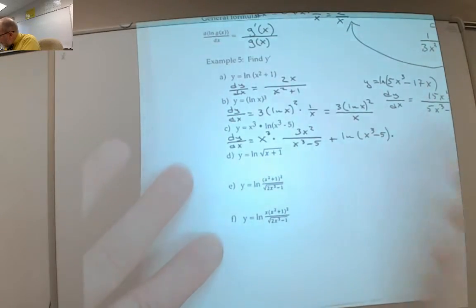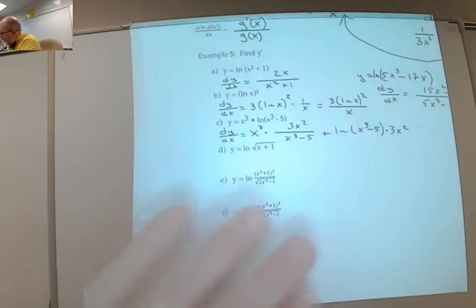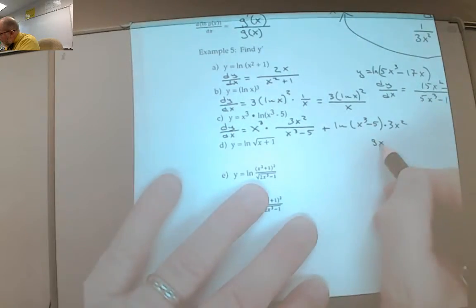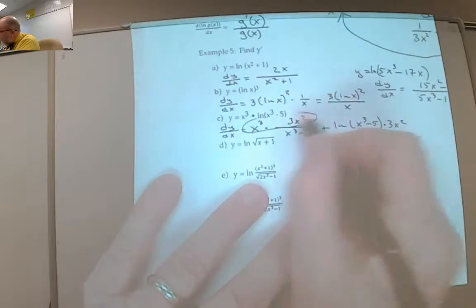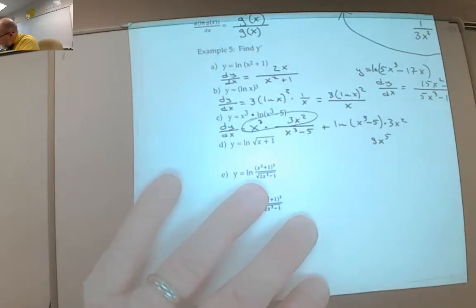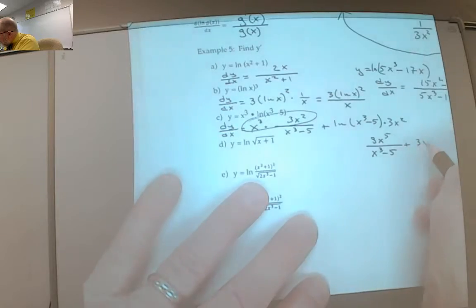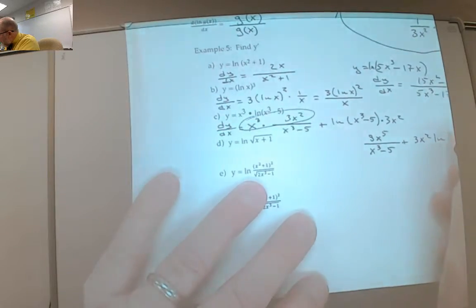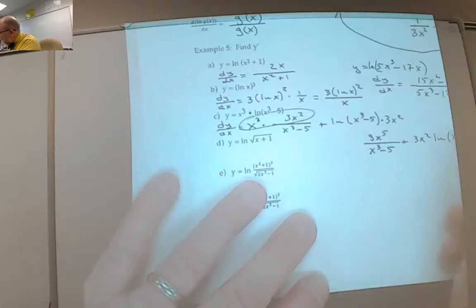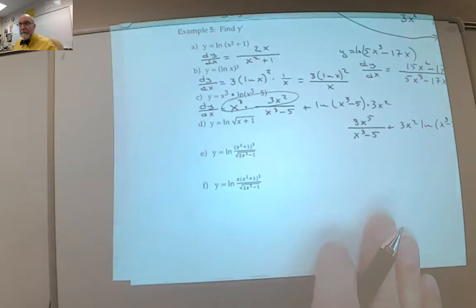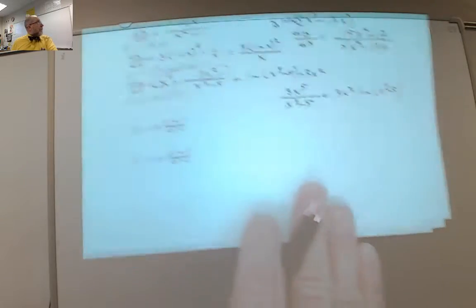Times what? 3x squared. So if I were to write that all out, it would look like this. 3x to the 5th, so I can combine those, right? Times x cubed minus 5 plus 3x squared times the natural log of x cubed minus 5. Okay?